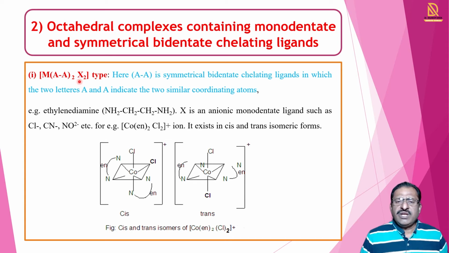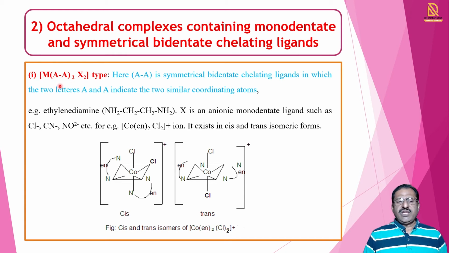And X means the monodentate ligand. So we take here the first type, MAA2X2 type. In this case, AA means symmetrical bidentate ligands, and X means the monodentate ligand.